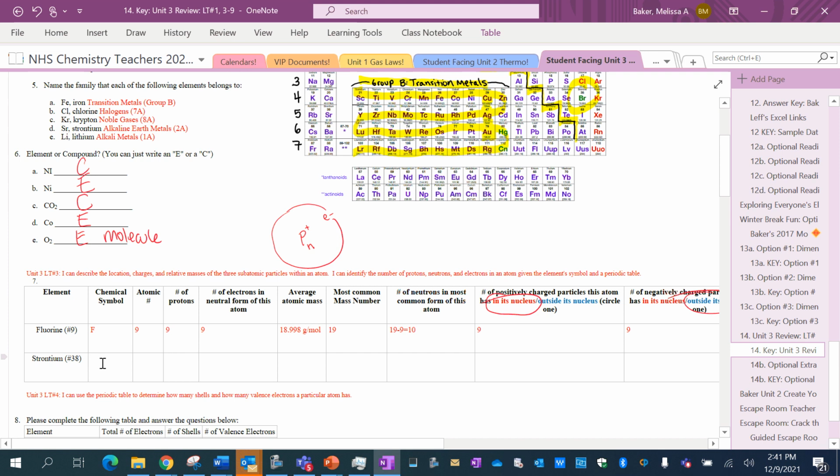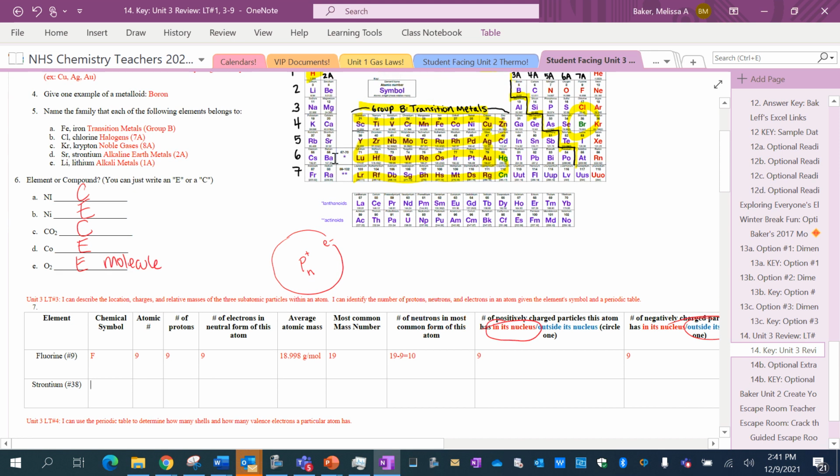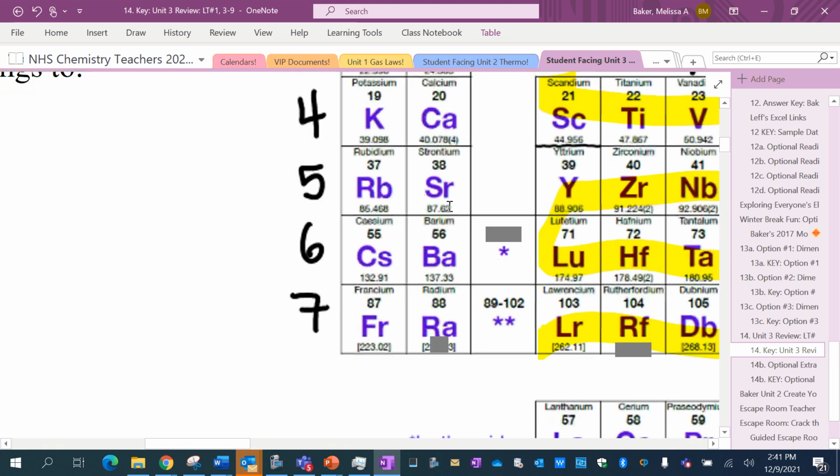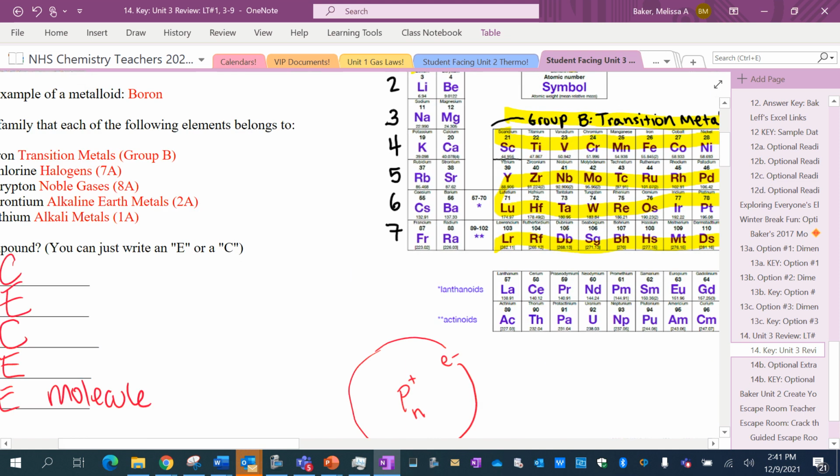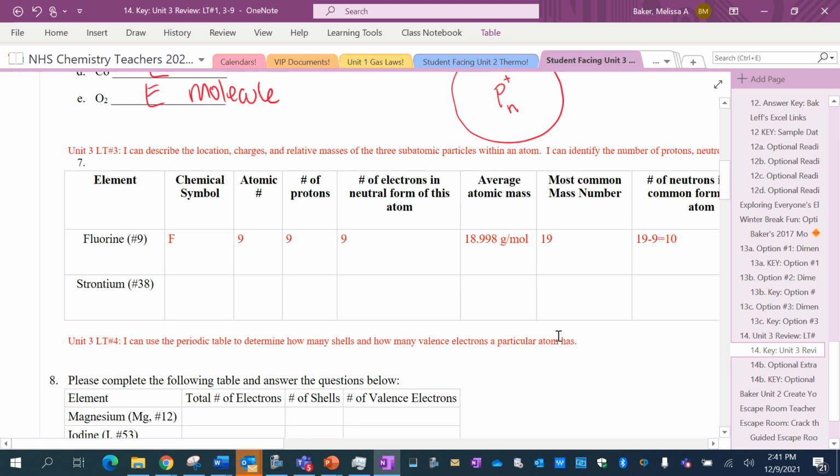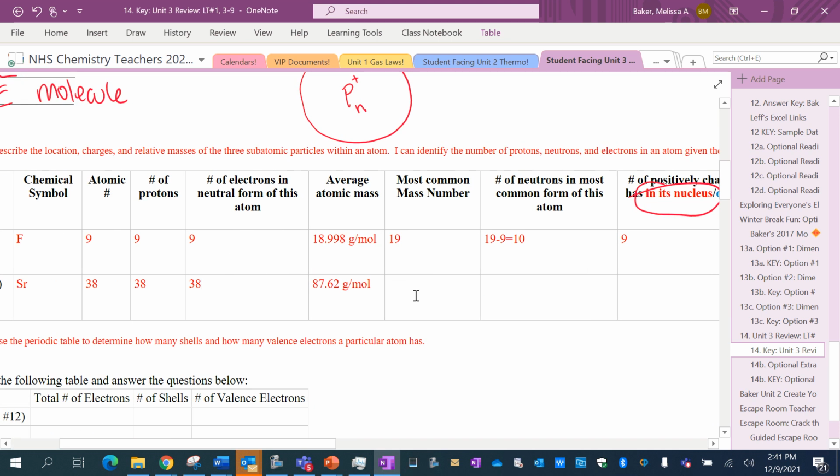Let's do the same for strontium. Strontium is number 38. It's right here, 87.62. I'm going to record that mass, 87.62. Its symbol was Sr, number 38, so it's got 38 protons and 38 electrons. 87.62 rounds to 88, and neutrons is 88 minus 38.